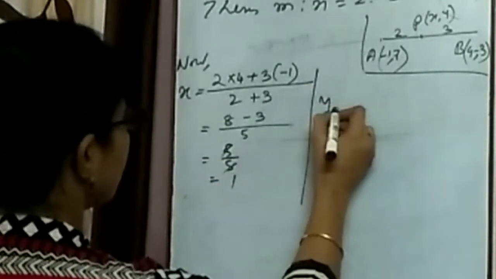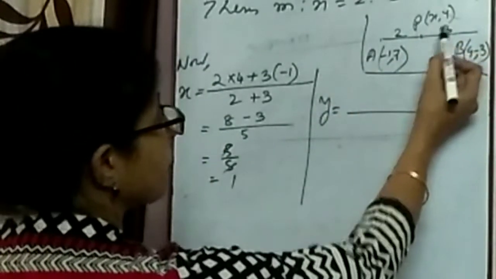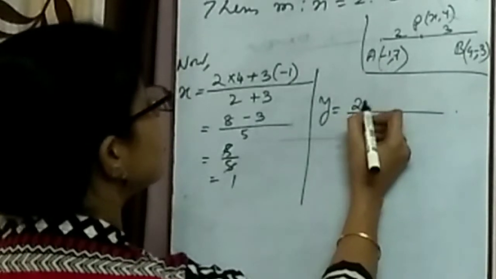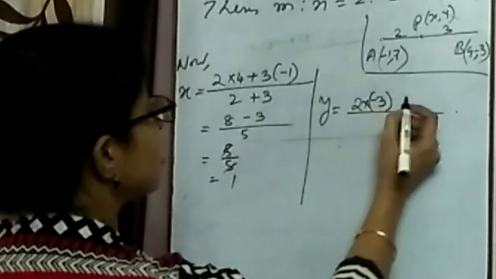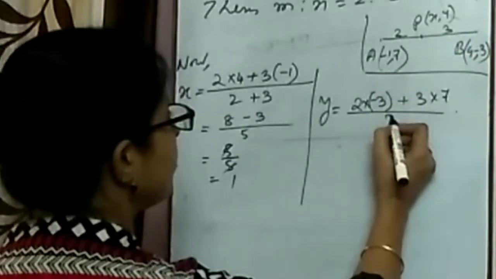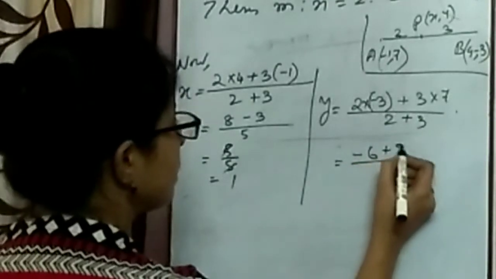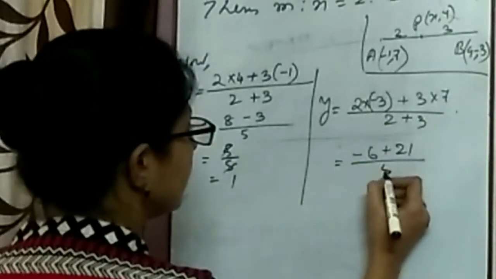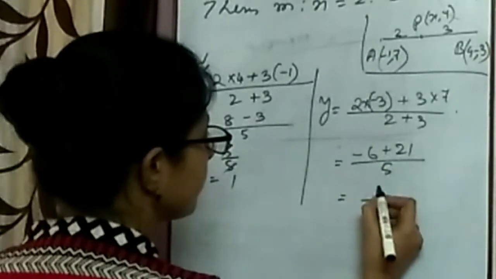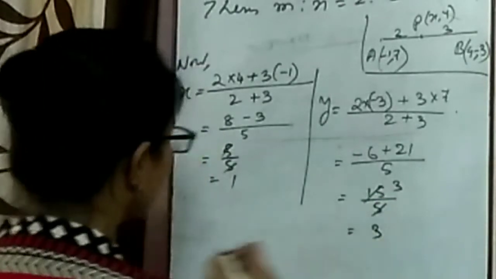And the y coordinate will be 2 into -3 plus 3 into 7 over 2 plus 3, that is -6 plus 21, so it is 3.